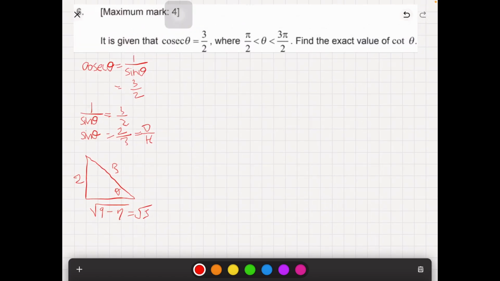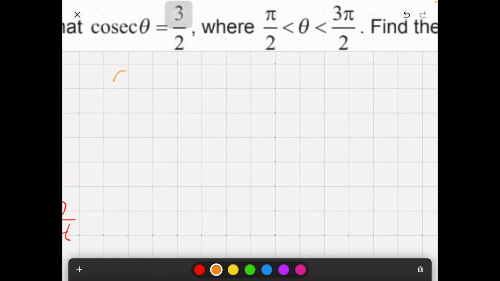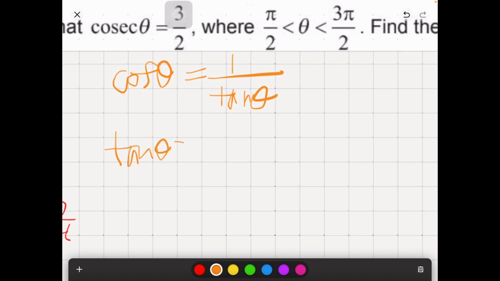Now we can use this triangle in order to figure out what cotangent theta is. But before we do that, it's also better to rewrite cotangent theta into a form that we recognize. So cotangent theta is equal to 1 over tan theta. And we know that tan theta is equal to opposite over adjacent from basic trigonometry.